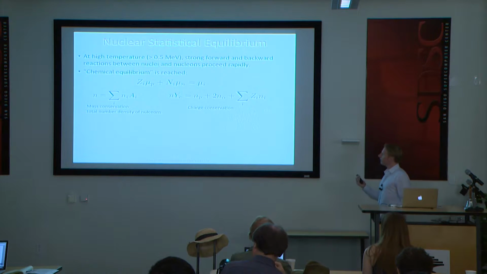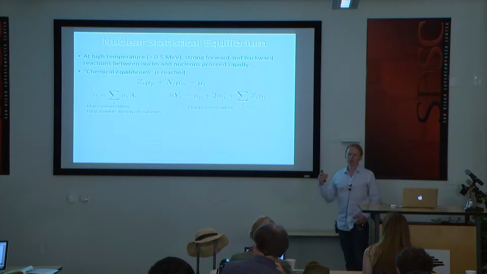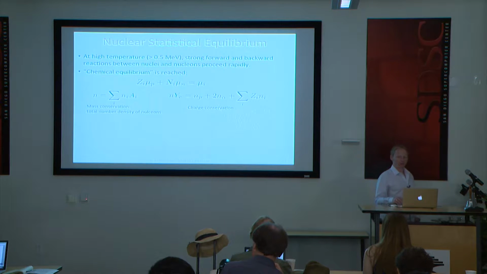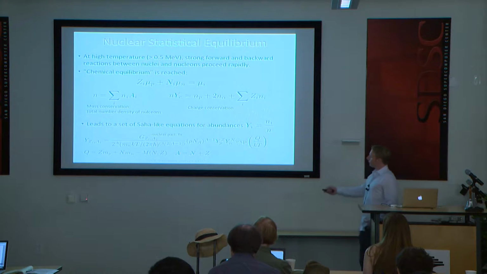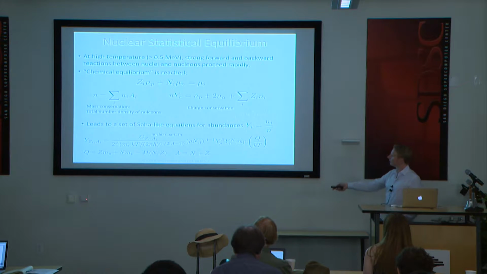Using these constraints and knowledge about nuclear masses, we can derive a set of Saha-like equations, and I'm just stating this here, that give us the composition, the mole fractions, Yi = Ni over N, where these are number densities, for each nucleus, Z and A, based on our knowledge of nuclear masses, which is in here, and the assumption of equilibrium.